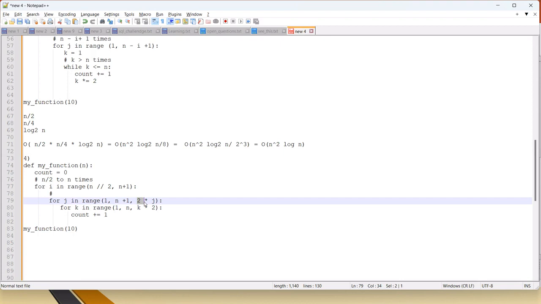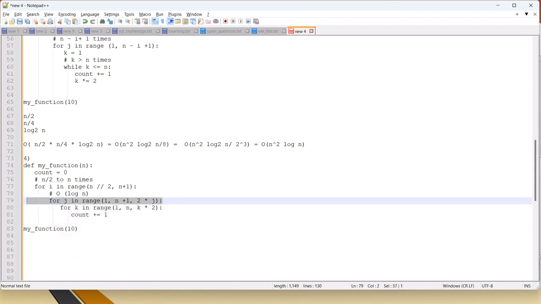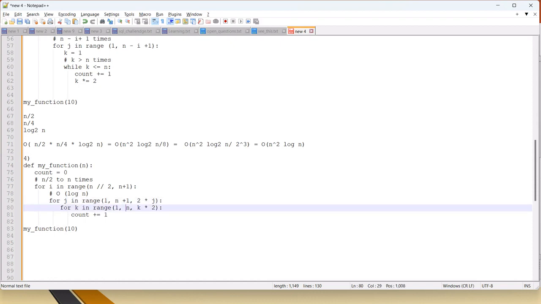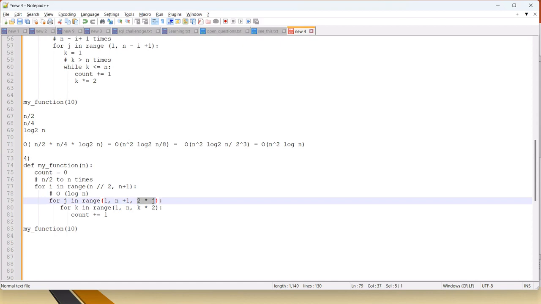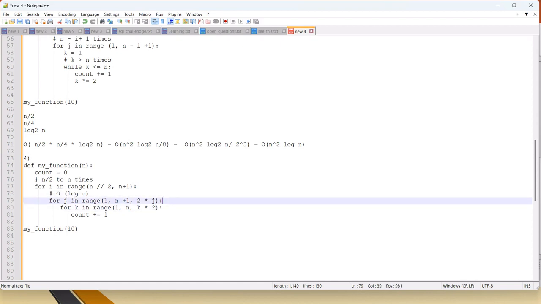Even in the above example we have seen, if it is becoming doubled in each and every step, the order of that is order of log n, correct? It means how many times n is there in base 2, it will run for those many number of times, correct?